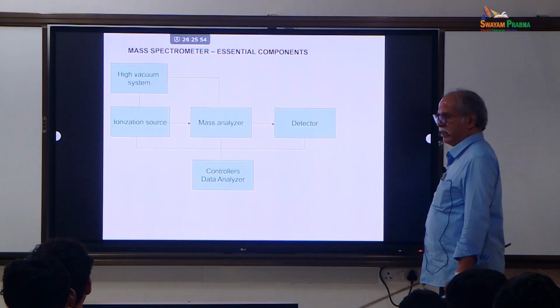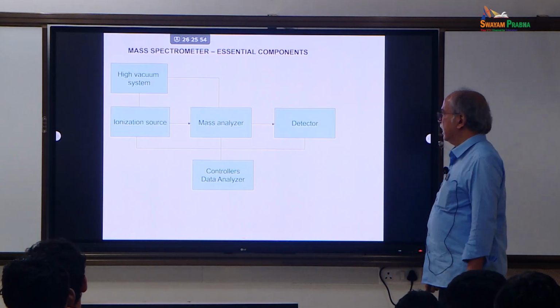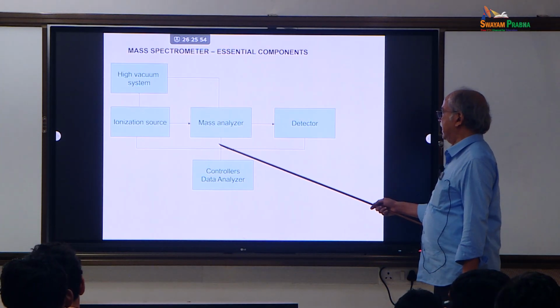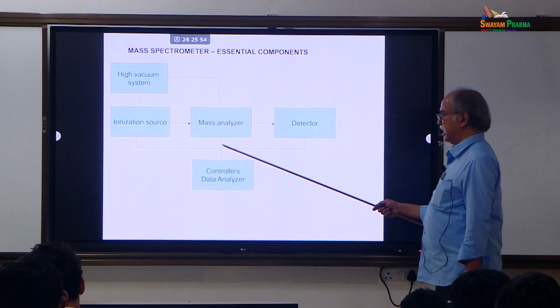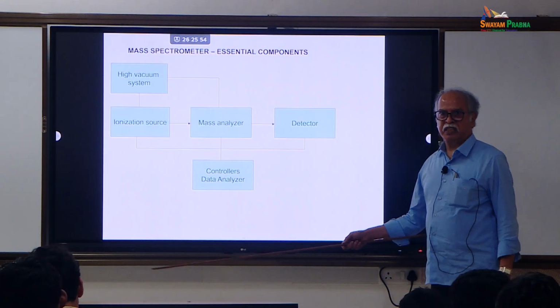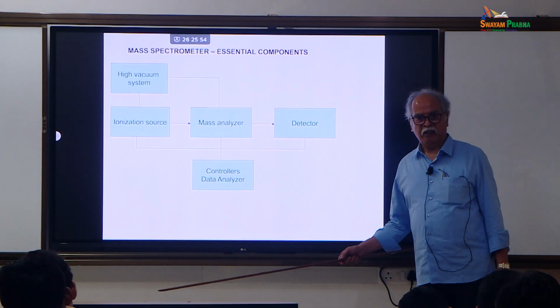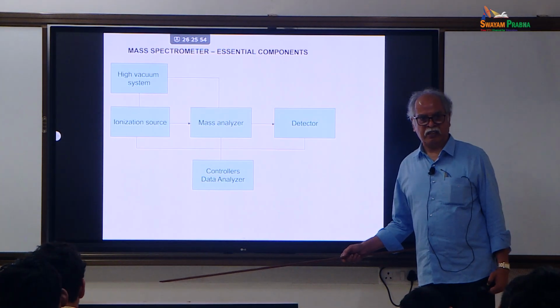These are the things you need to develop a mass spectrometer. You need a high vacuum system that is connected to an ionization source. In other words, under vacuum you produce ions. Any mass spectrometry you take, you produce ions in the vacuum, high vacuum.